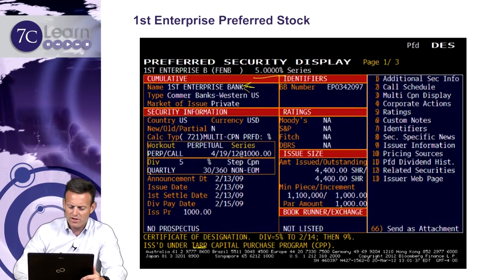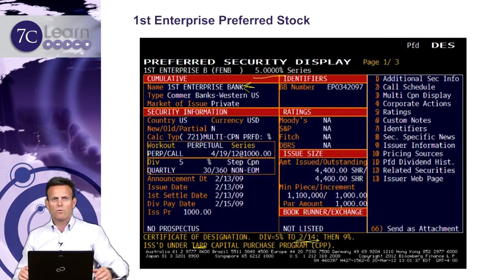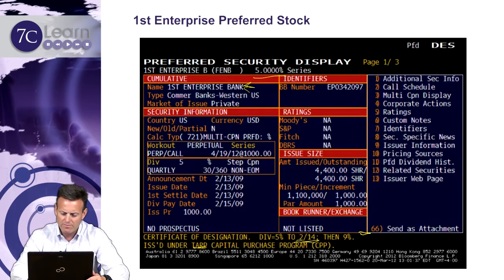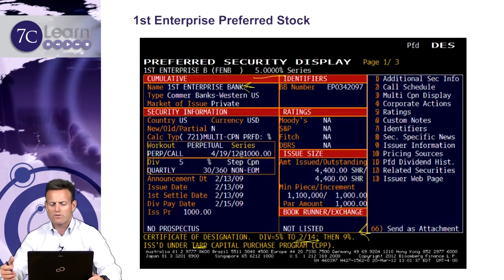Additionally, you see that if this particular piece of debt is not redeemed prior to February of 2014, then that dividend steps up to 9%. So the company, this bank, is highly incentivized or motivated to redeem this preferred equity, repay this preferred equity prior to February of 2014, when the rate pops up to the 9%.